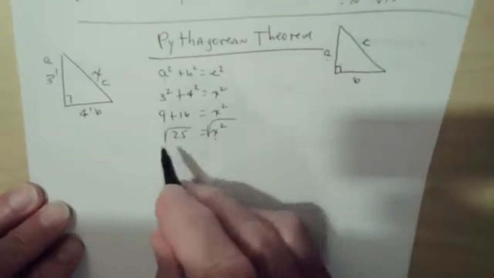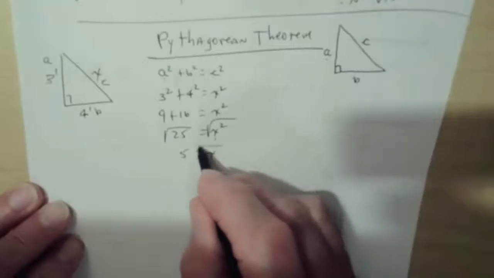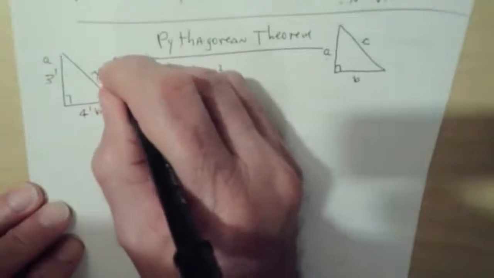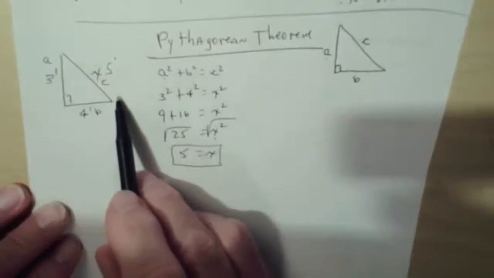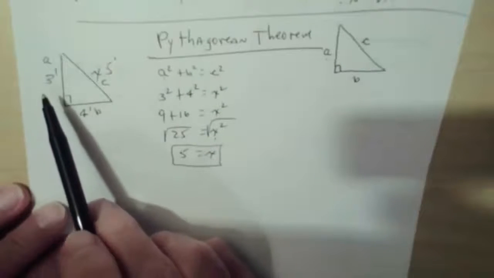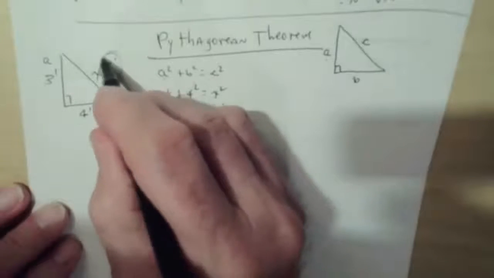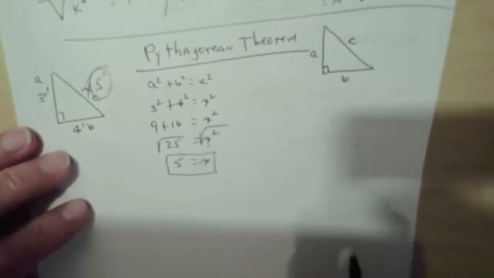Whatever you do to one side, you have to do to the other. So 5 equals x. Does it make sense? Is it reasonable? If you don't do anything else, just make sure that the hypotenuse is the longest side. Is it? Yes. 3, 4, and 5. Okay.